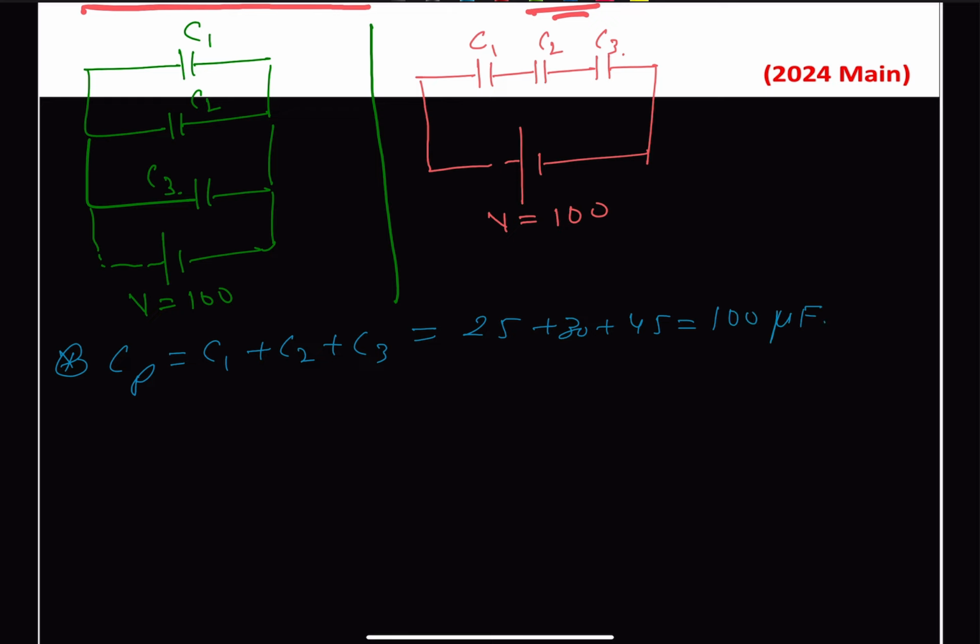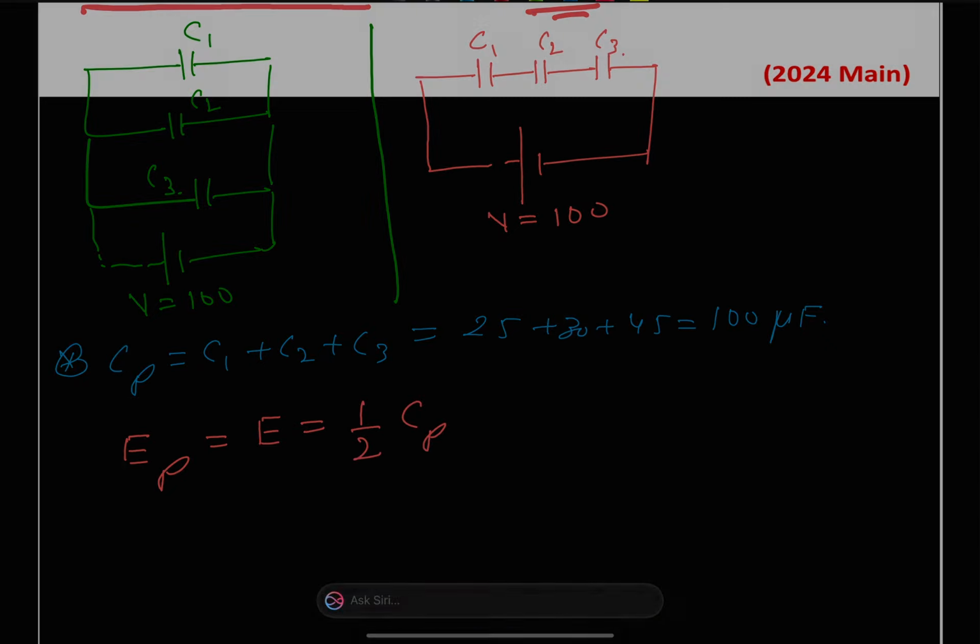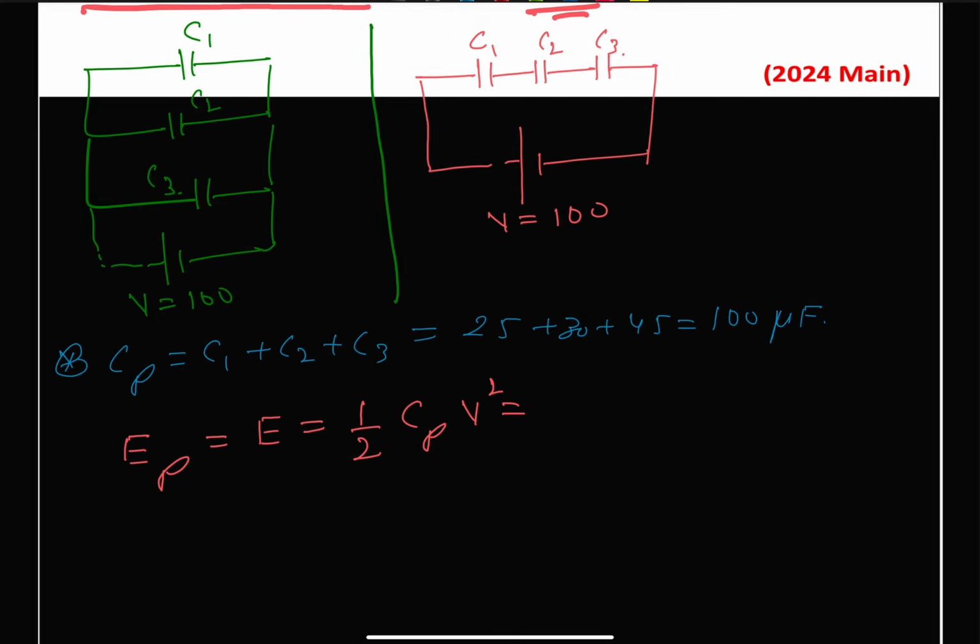We can just find out energy in parallel, Ep, in this case it is given as E, will be equal to half Cp V square, and this comes as half Cp is 100 into 10 to the power minus 6. Voltage is given as 100 square.